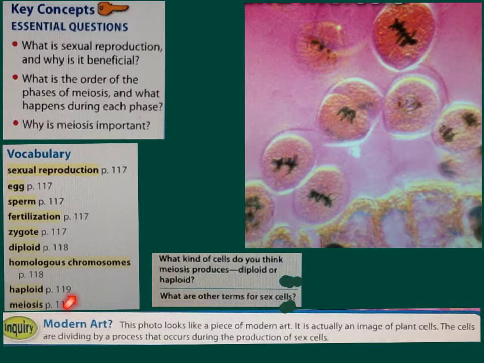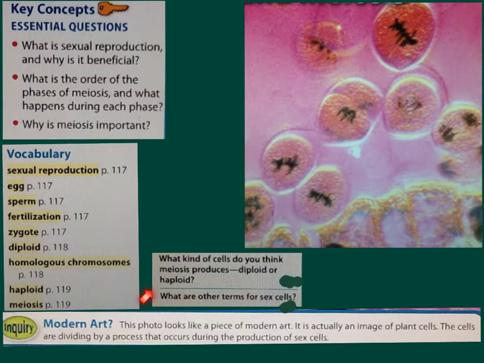Please go ahead and stop the video, write the words, and leave space so that you can write their definition after that. Okay? Next part to this, we have a couple of things I want to ask you. You may write both of these down, please, and answer to the best of your ability these 2 questions. What kind of cells do you think meiosis produces?